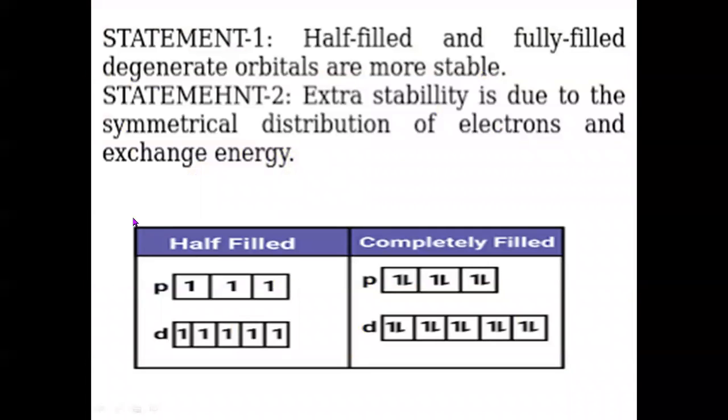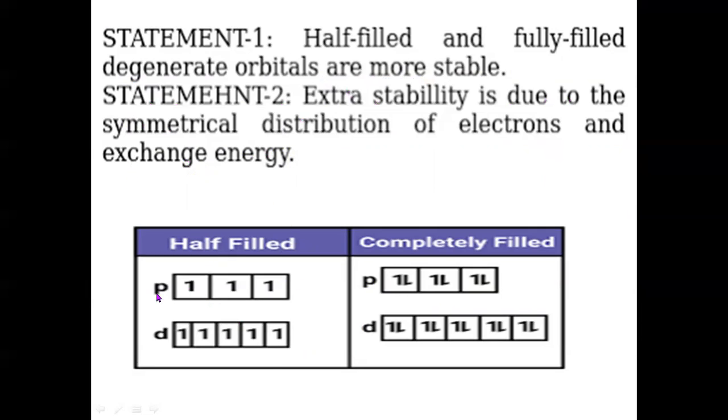Now, why are they stable? First statement: half-filled and fully filled degenerate orbitals are considered more stable because of their chemical properties. And second statement: the extra stability is due to symmetrical distribution of electrons and exchange energy.